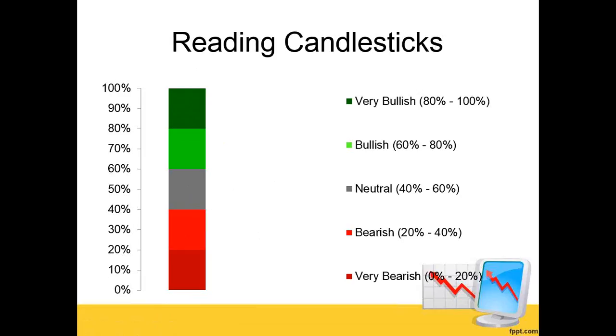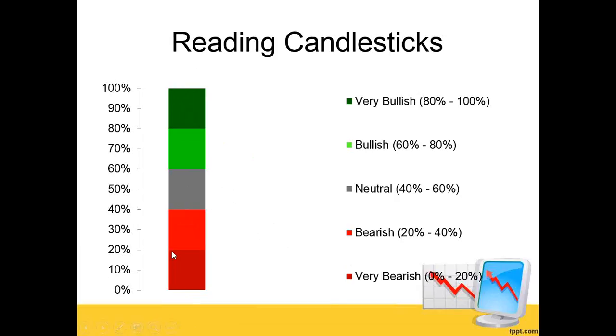If it closed from 60 to 80%, you still have bullish pressure, but not as much as 80 to 100%. If it goes up here, goes down here, and then ends at the middle, you have something neutral. 40 to 60% is somewhat neutral, meaning there is pretty much equilibrium between buying pressure and selling pressure.